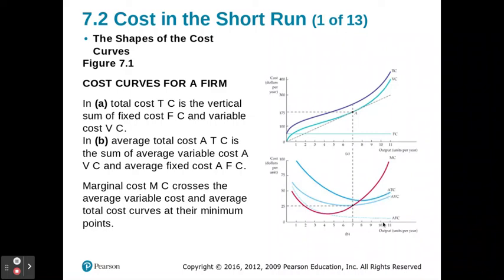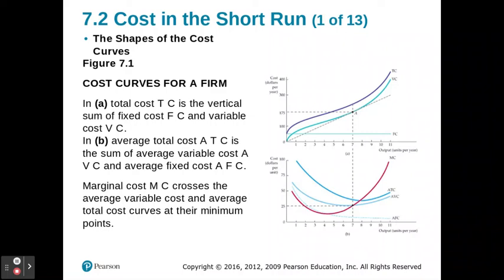The average fixed costs would go flatter and flatter to the origin because the numerator is constant, but the denominator is getting larger and larger. So the total ratio would be getting smaller and smaller. The vertical distance between ATC and AVC is AFC.